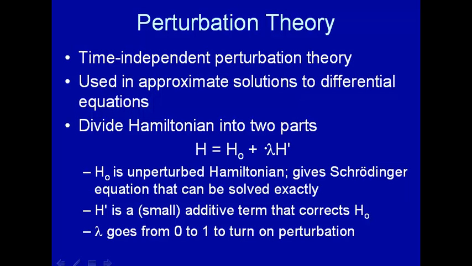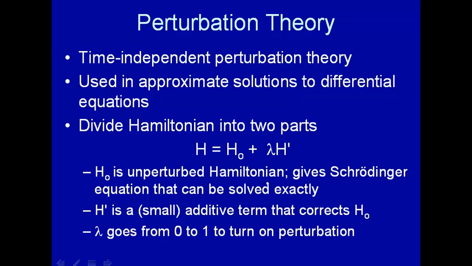And what you do is insert this parameter lambda. When lambda is 0, the Hamiltonian is the unperturbed system. And then when lambda goes to 1, then the Hamiltonian is the full system, the unperturbed plus the perturbation to the Hamiltonian. All right, so again, applying this to the Schrödinger equation, H0 is a Hamiltonian whose solutions you know or can be solved exactly.